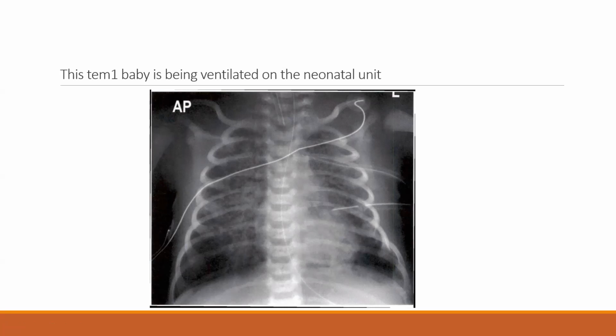Like we saw a case where the neonate had pneumonia, increasing oxygen requirement, distress, increasing temperature. Now it is day one, okay?